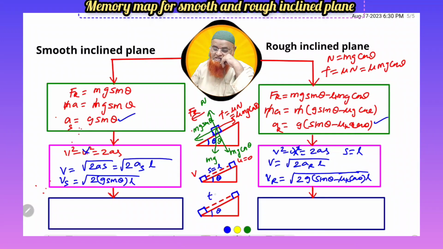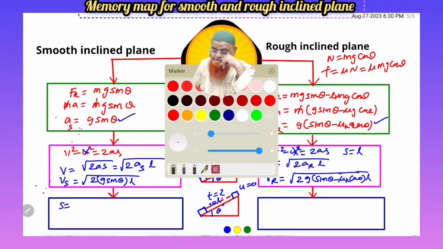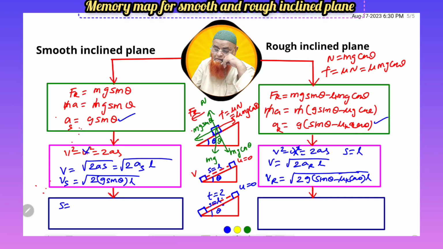Next we have to find the time. How much time does it take to slide down the rough inclined plane as well as the smooth inclined plane? Here also the initial velocity is going to be 0. The displacement traveled by the block is the length of the wedge, L here. So we can write s is equal to ut plus half at square. As the velocity of the block at the topmost point of the wedge is 0, this term cancels out.